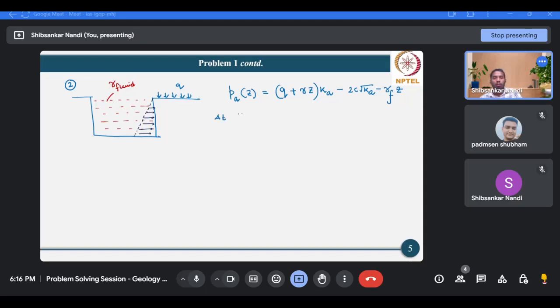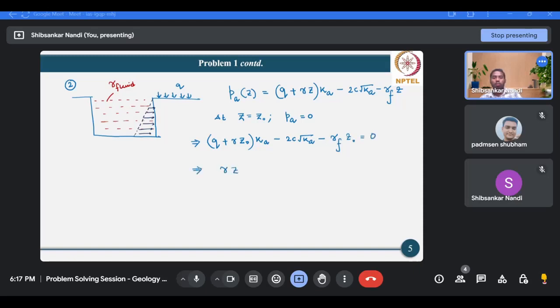Now we will follow the same concept, that at Z equals Z0, your PA becomes 0. Therefore, (Q plus gamma Z0) Ka minus 2C root K minus gamma F Z0 equals 0.